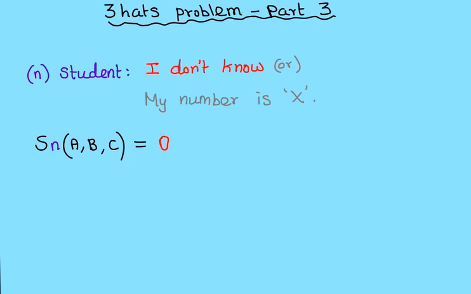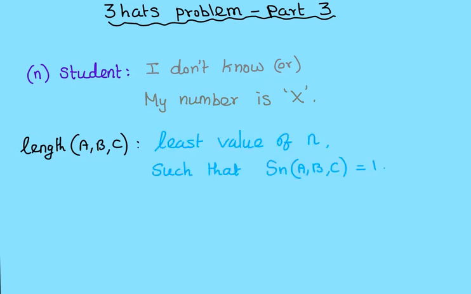If the student claims his number, then Sn of ABC is 1. So length of ABC is the least value of n for which Sn of ABC is equal to 1. That is the number of conversations it takes till someone can claim his number.